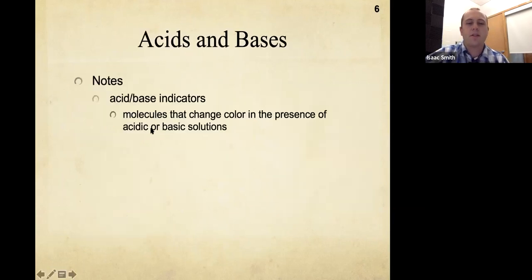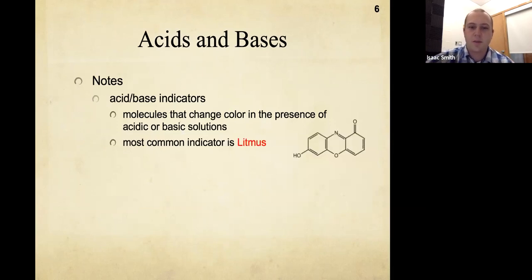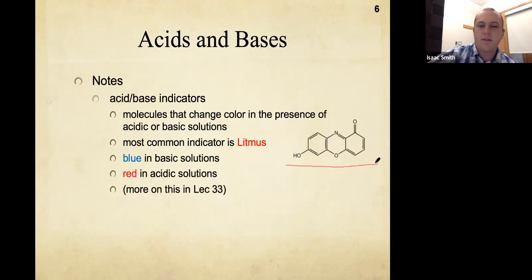So just some other notes here to recognize. Acid-base indicators, we talked about litmus. These are molecules or materials that are going to change color in the presence of an acidic or basic solution. So again, they're used to quickly determine if something is acidic or basic. The most common one that we'll talk about is litmus. So this is the molecule for litmus. Depending on if it's in contact with a base or an acid, it's going to have different colors.